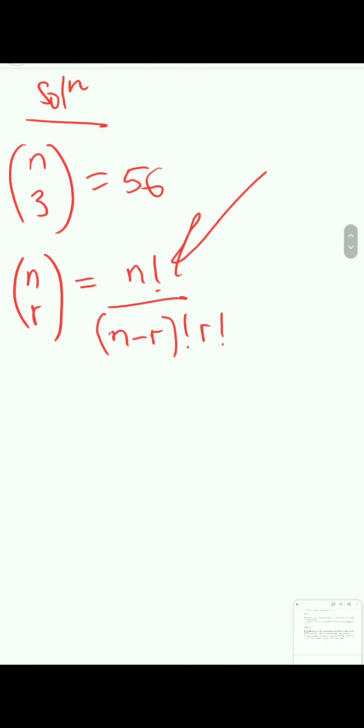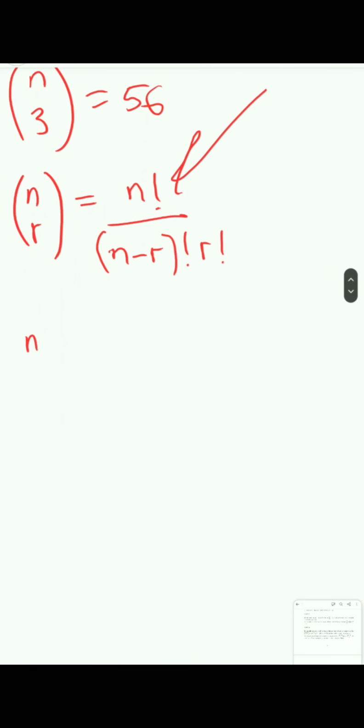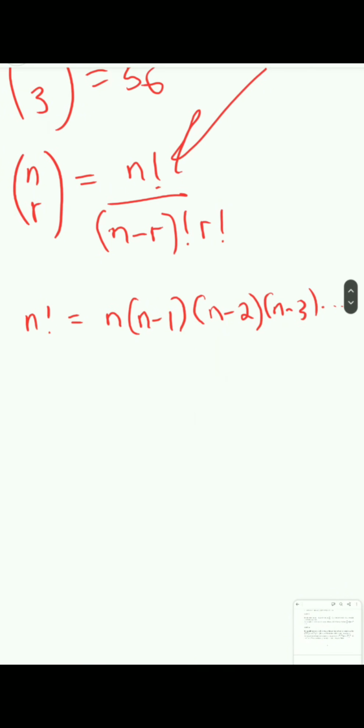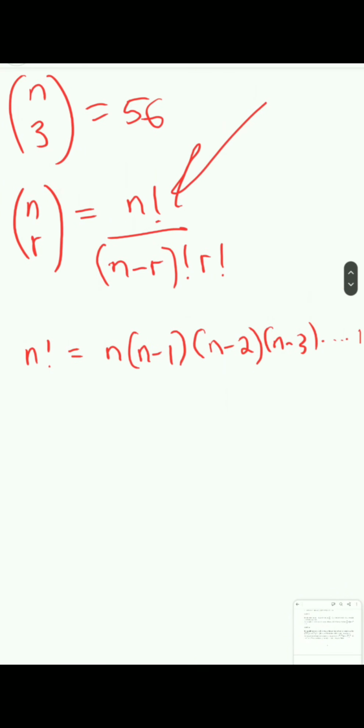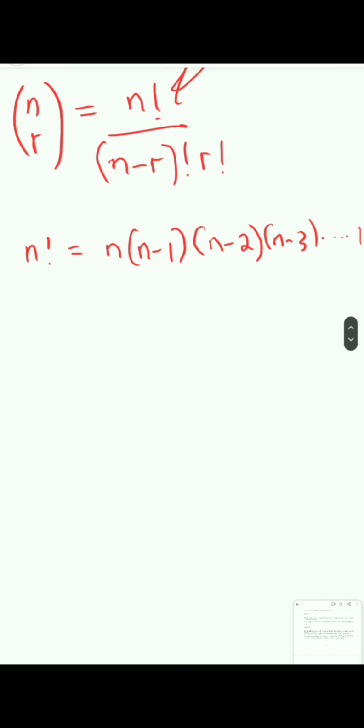And what we know again is that n factorial is nothing but n, multiplied with a number less than n by 1, so it will be n minus 1. The next one will be n minus 2, n minus 3. We'll keep on going until we reach 1. So that's when we'll stop our multiplication. So this is n factorial.